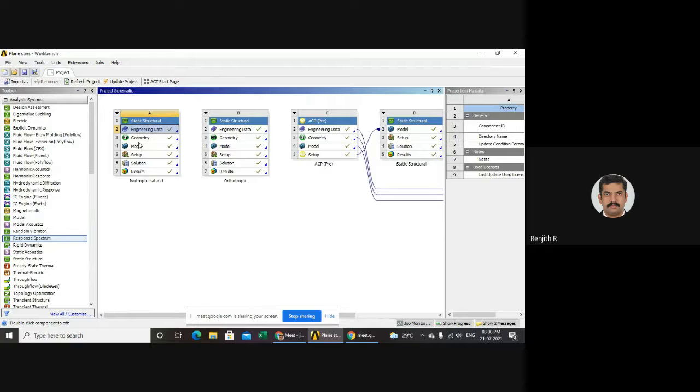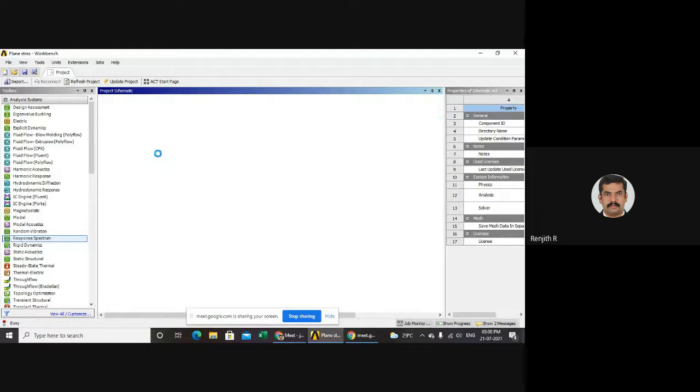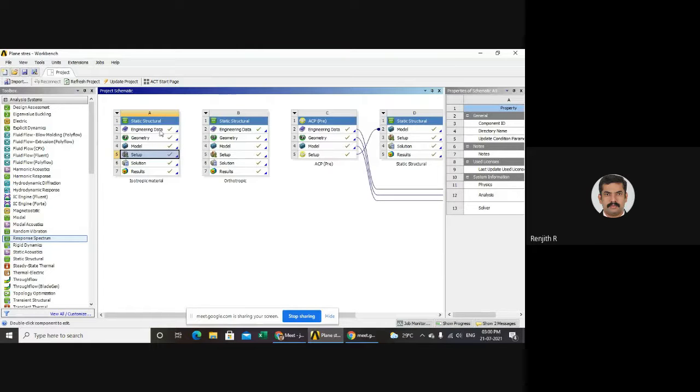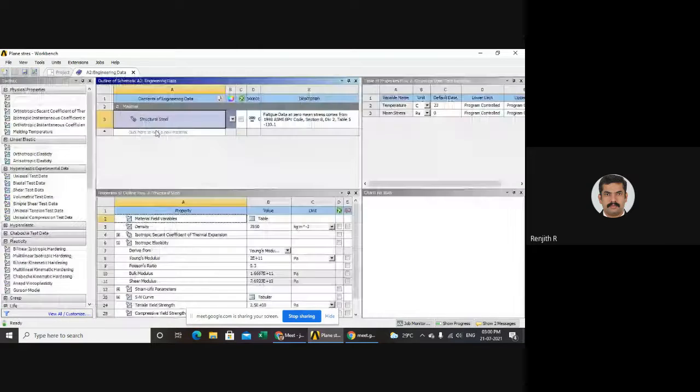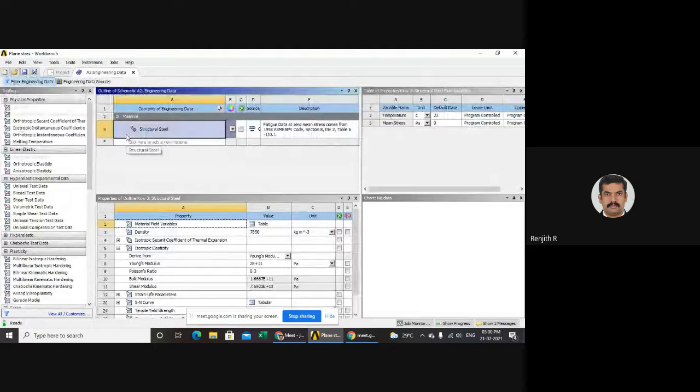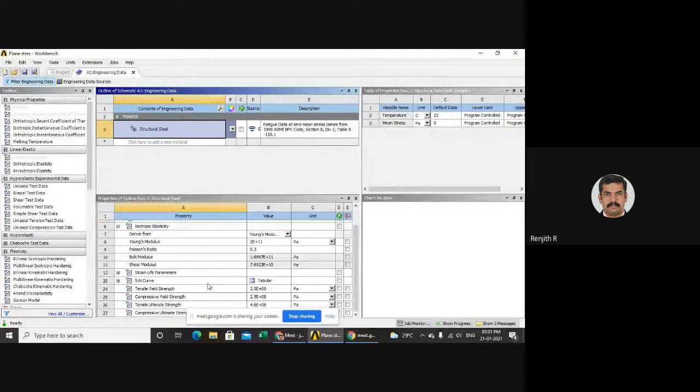So in preprocessor, you have to give 4 things. The first one, material properties. The second one, geometry. Third one, discretization, that is mesh. And the fourth one, the boundary conditions. So if you open engineering data in ANSYS software, you can see a material is there. This is actually isotropic material, so that's why there is only one input.